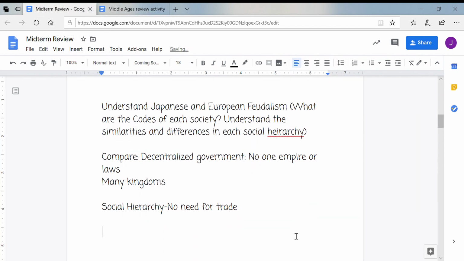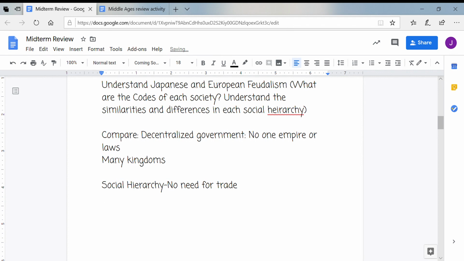And then last, what you have to understand is the codes, right? So for Japan, the Japanese samurai followed the code of Bushido, and the European knight followed the code of chivalry.